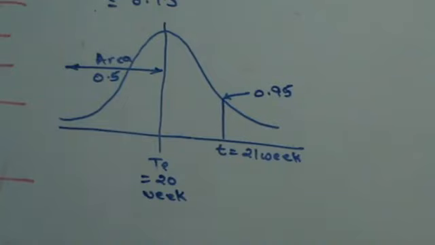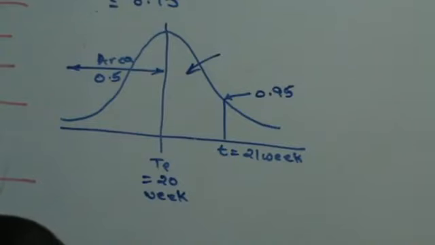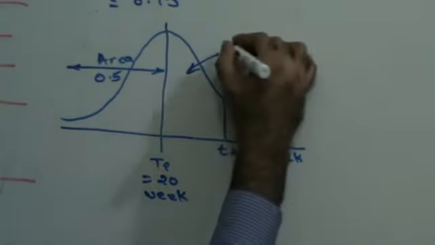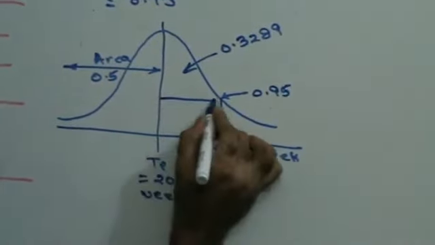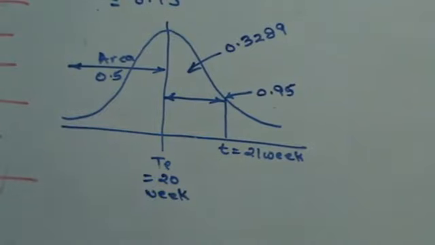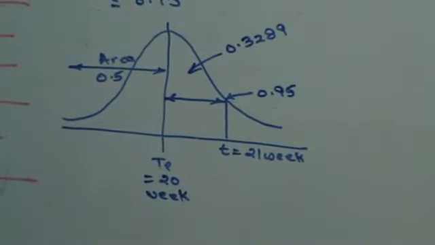Now if you look at your normal distribution table, for 0.95, the area under the curve is given to you as 0.3289. You find 0.9 in the rows, and then in the fifth column you get your area.